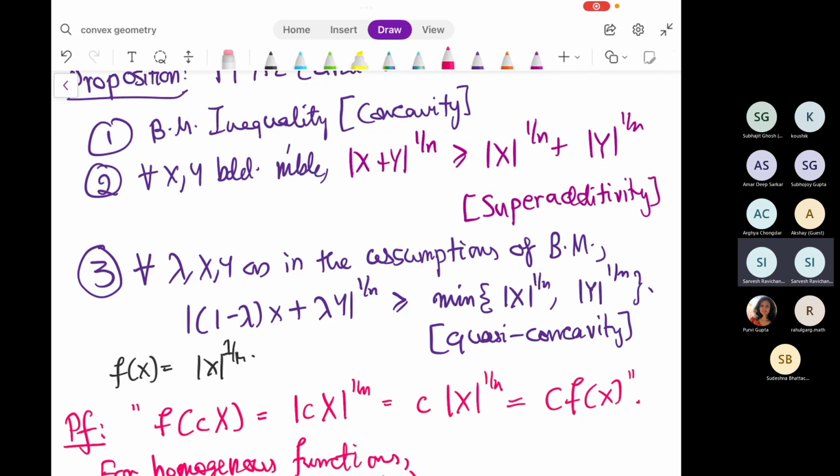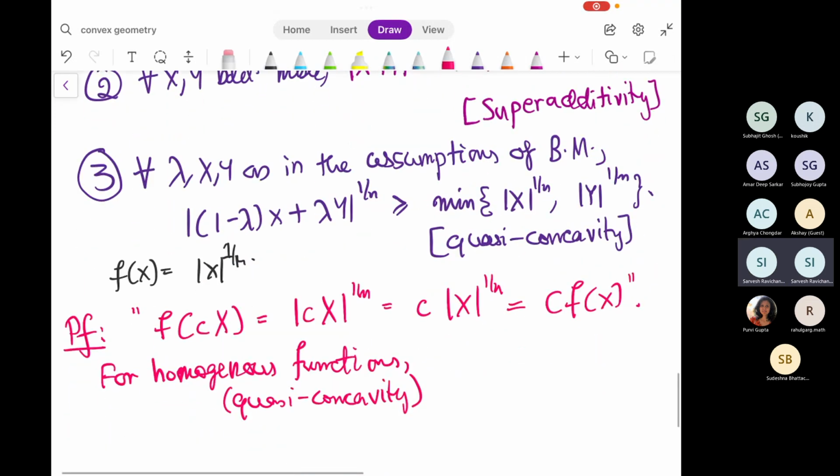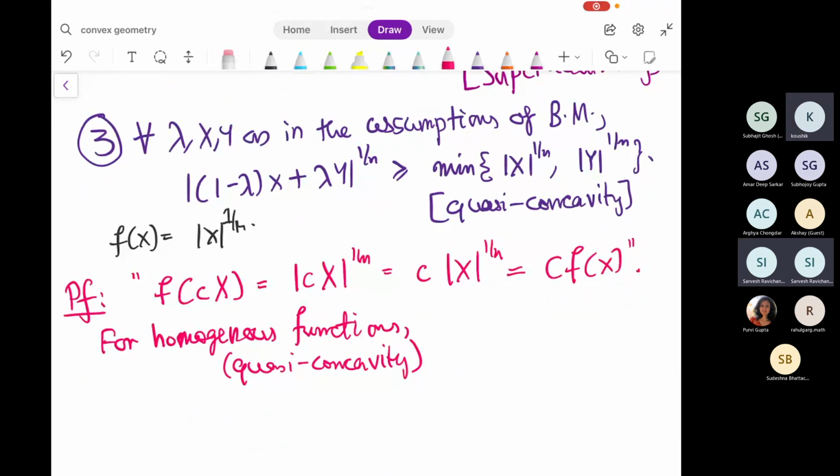The values at the endpoints will not involve any lambda, right? They will only involve the Lebesgue measure of x to the 1 by n and the Lebesgue measure of y to the 1 by n. So there's no lambda on the right side, and that's exactly what quasi-concavity entails. Is it clear? Okay? Yeah, thanks.